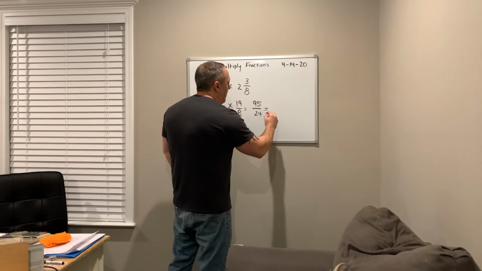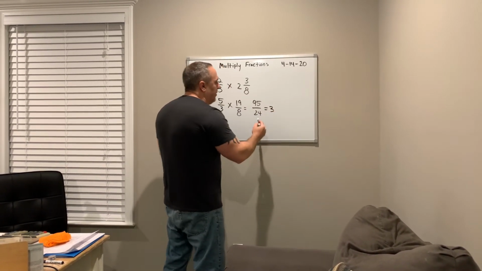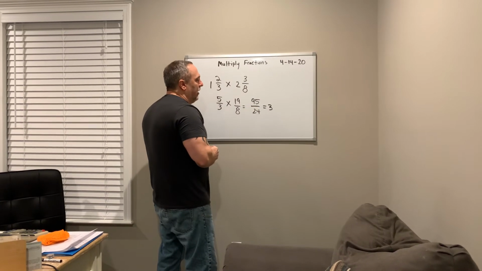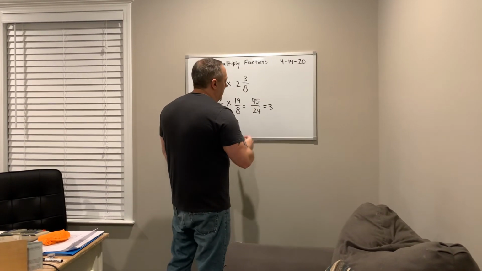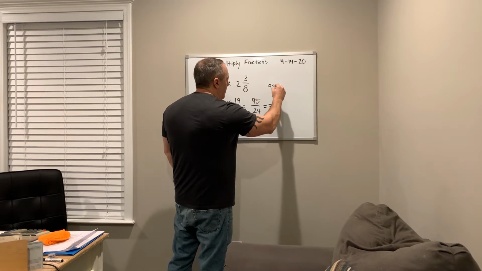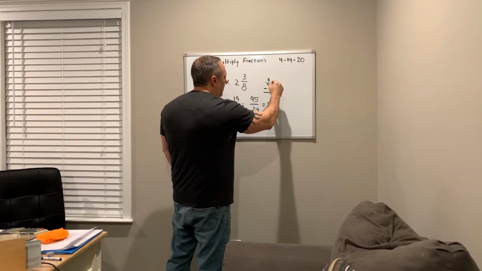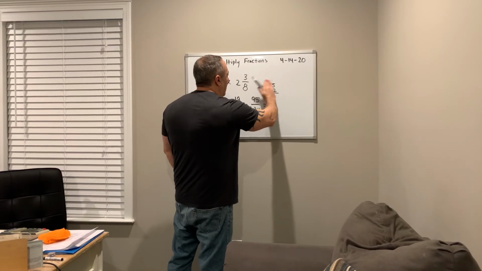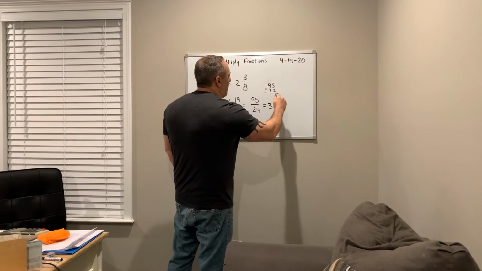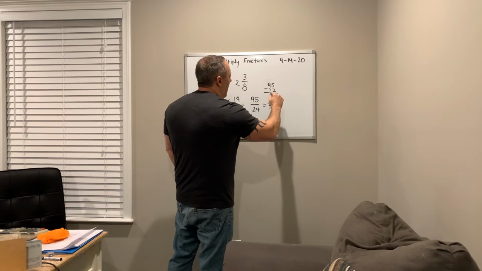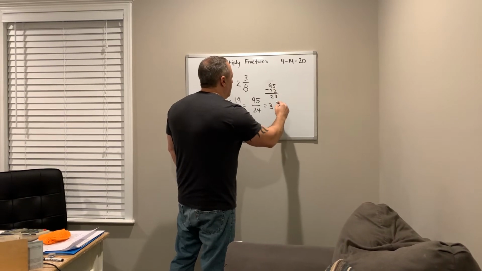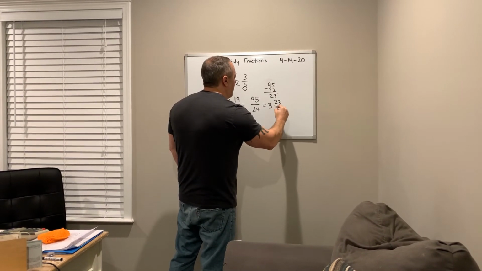So it goes in 3 times. Now that used up 72 of the 95. So if we take 95 and we subtract the 72, we get 23. So it ends up being 3 and 23/24ths.